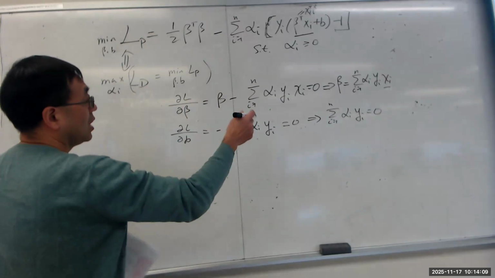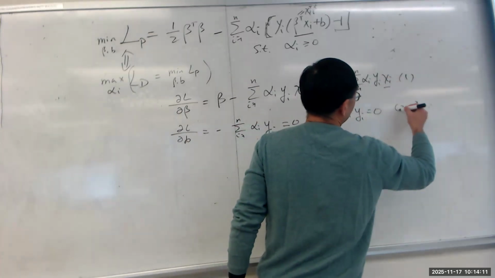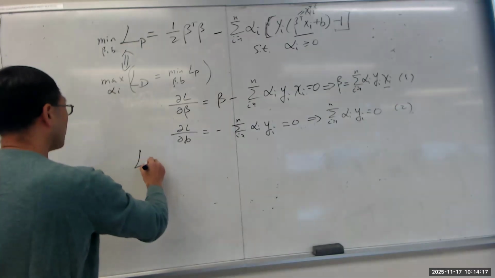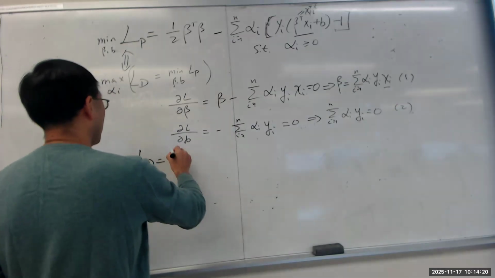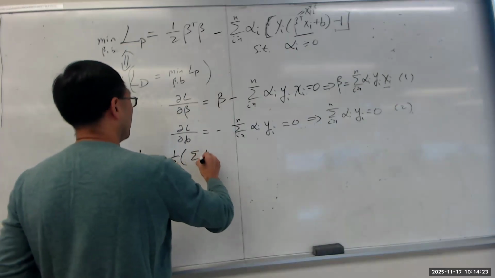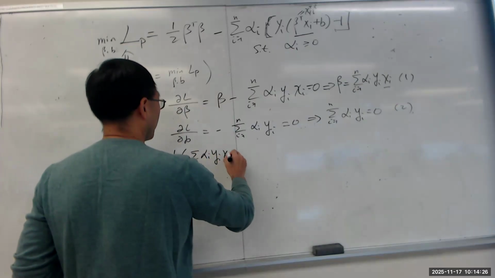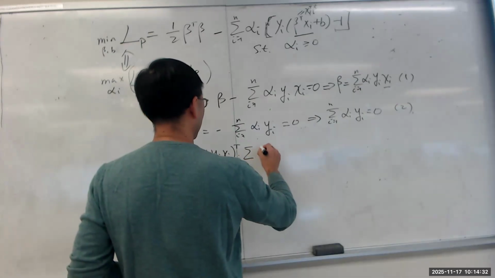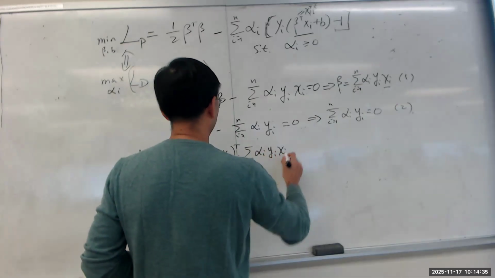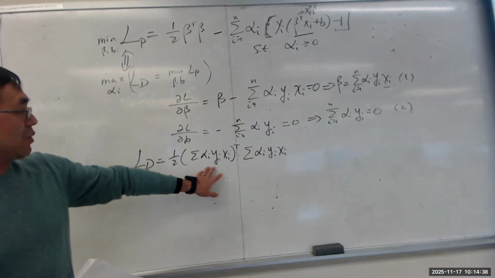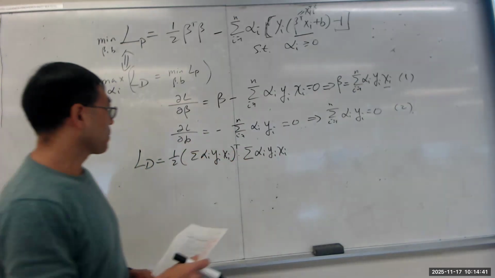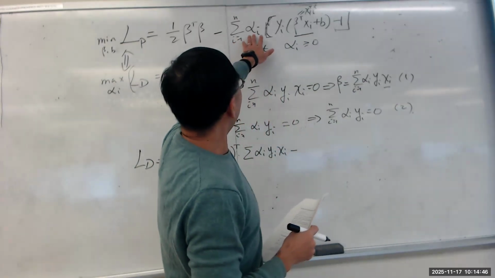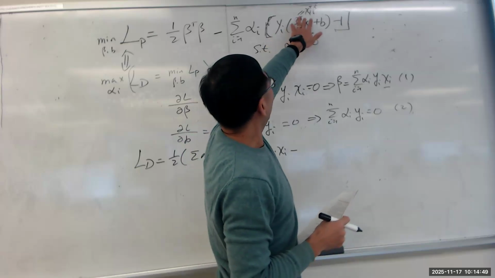If we plug in 1 and 2 back into our original Lagrange function, then L_D is going to be equal to half of beta transpose times the summation of alpha_i y_i x_i. The first term is half of beta transpose beta, which is given here. Then you minus the summation of alpha_i y_i x_i transpose beta.